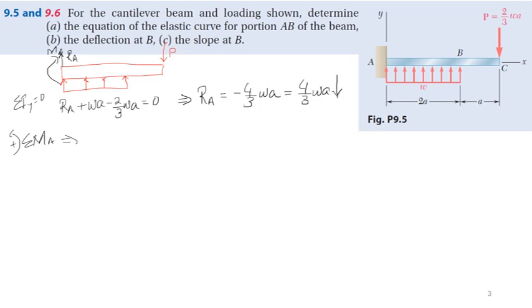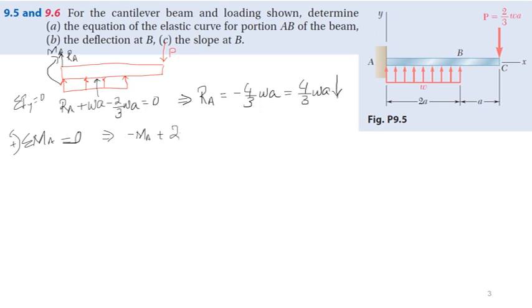So this leads us to negative MA plus the moment due to this distributed load, which we convert into a concentrated load acting at its centroid.